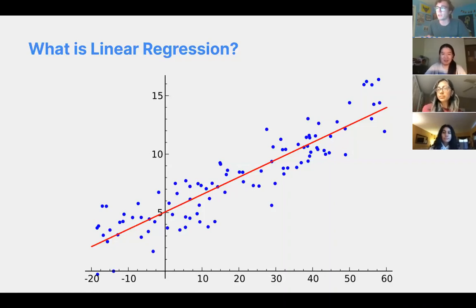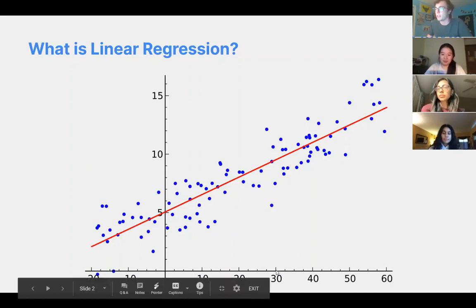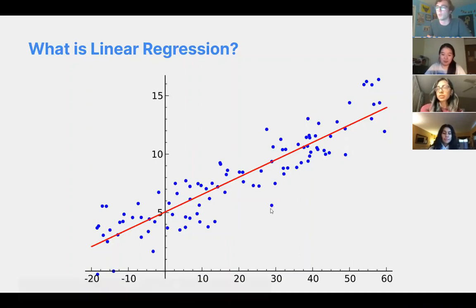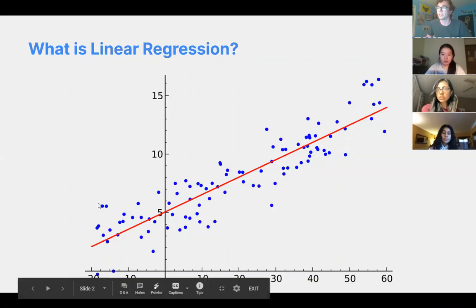Mm-hmm. So we have a bunch of data, right? This is a scatter plot where each x corresponds to exactly one y, and you have a point. Now we have a bunch of these scattered points. And exactly like you said, Nina, the linear regression algorithm plots a line of best fit that tries to explain what the data is showing, right?